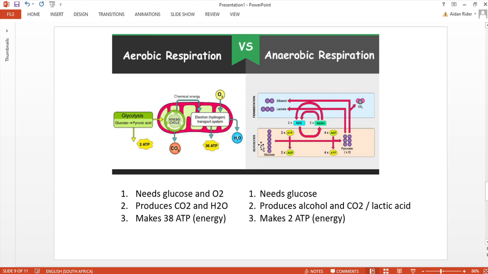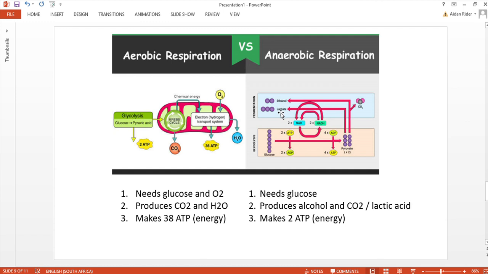So you start with the glucose and you go on. No oxygen. Secondly, aerobic respiration produces CO2, carbon dioxide, and it produces water.